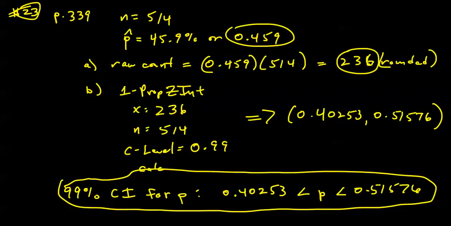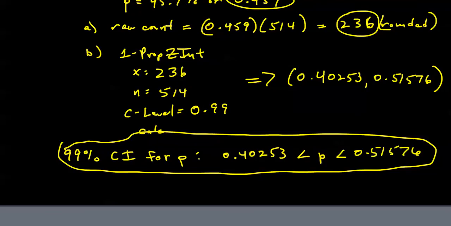Alright, now look at part C. It asks us to repeat this for 80% confidence level. So in part C, they want us to construct another confidence interval with the same information, except to change the confidence level from 99% to 80%. I'm going to need some more room here.